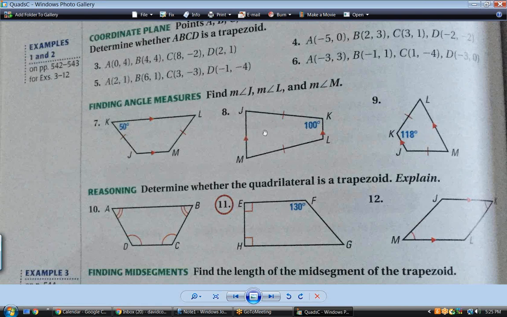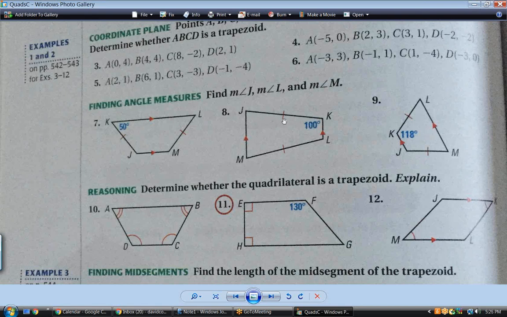Okay, and number 8, what's the measurement of J? 100. Does it look like a 100-degree angle? It'd be 80 degrees, because you do 180 minus 100. In other words, adjacent angles are supplementary, not equal.